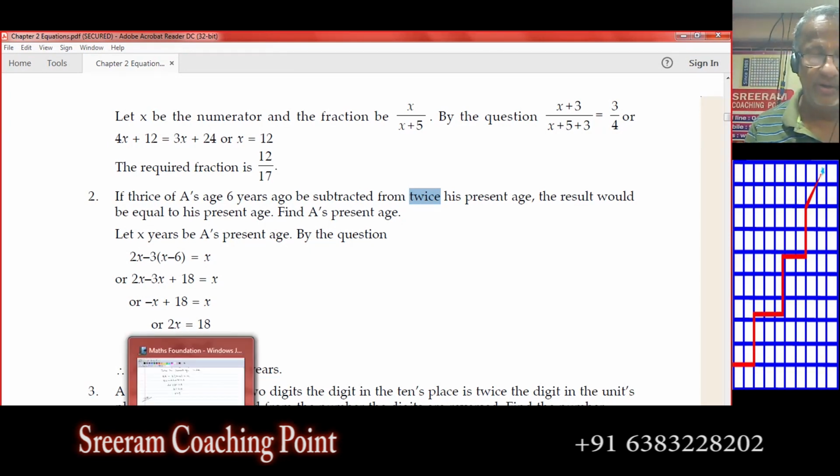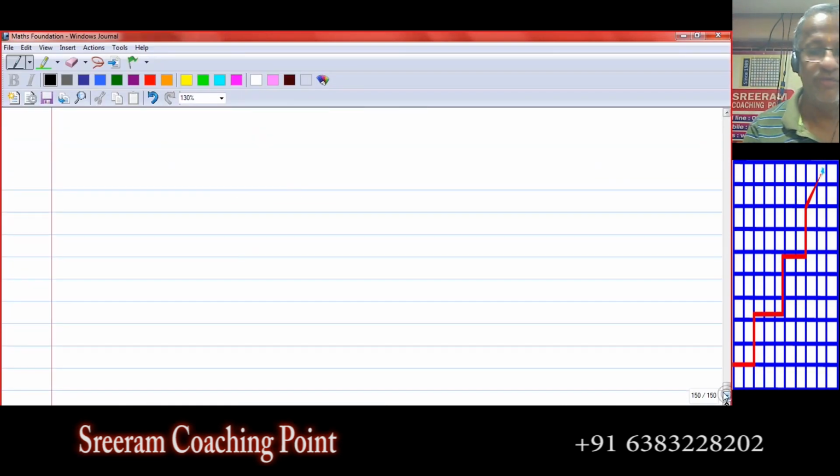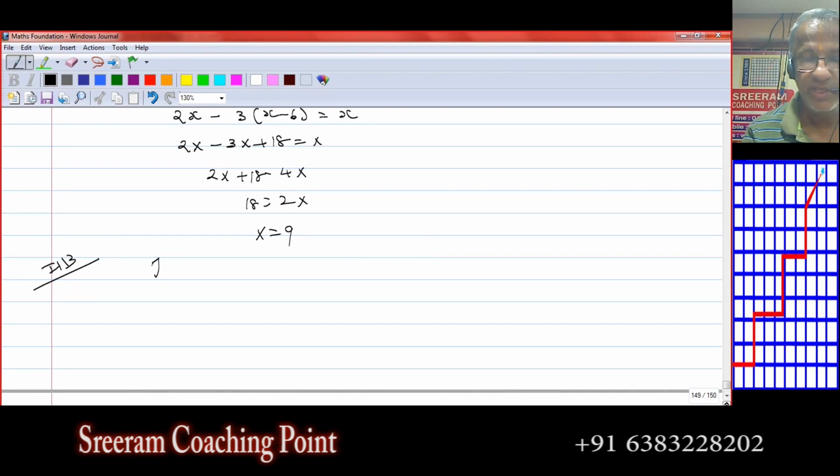Okay. So how do we program it? If the units digit number is x, then the value in the 10th digit is 2x.